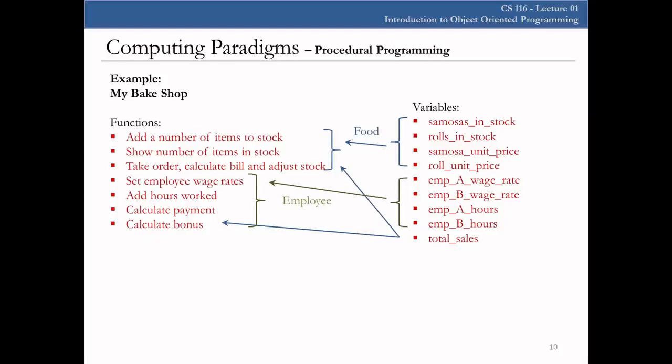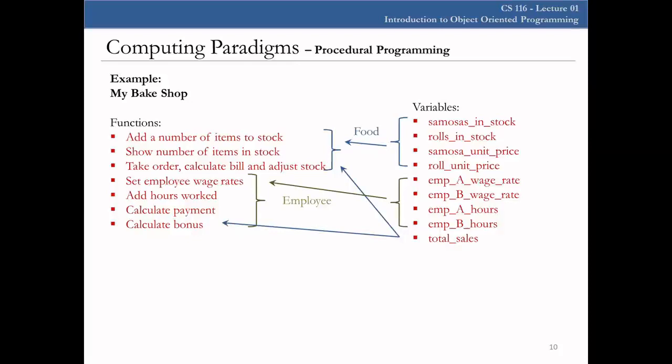Obviously, bill calculation will help me keep track of my total sales, and the last function, calculate bonus, will be using this variable. So now I have created a small dependency between the 2 objects, food and employee. There exists a variable that depends on both.